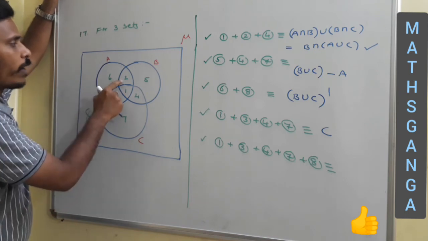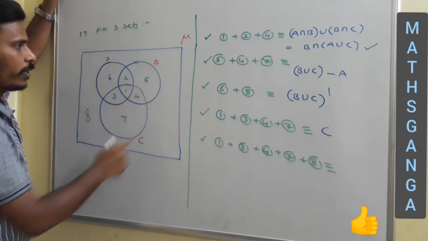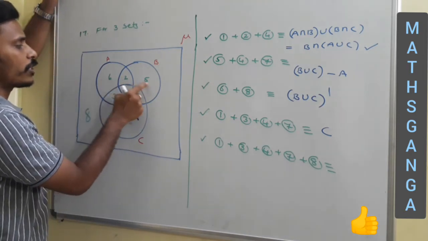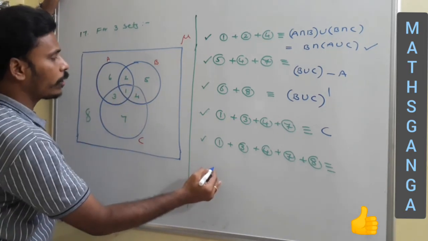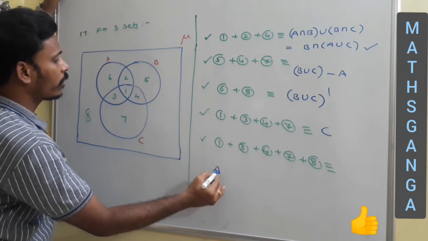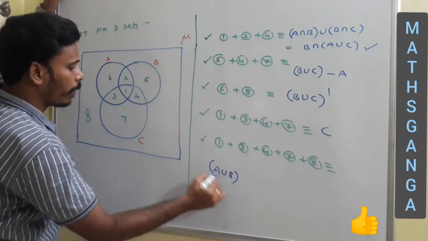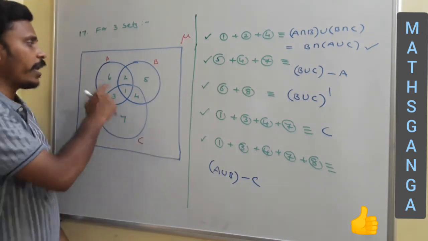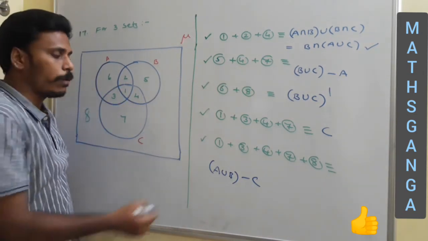I have a name for 6, 2, 5, just like this 5, 4, 7. I have a name for this 6, 2, 5, and that name is A union B minus C.